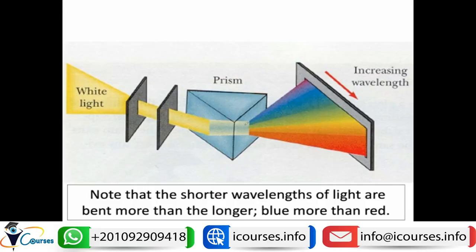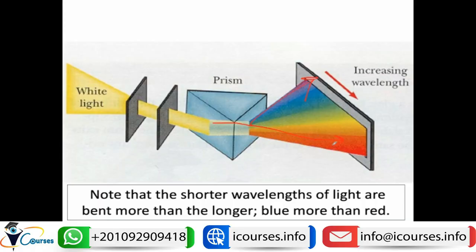Here we have the visible light spectrum, from red light having a larger wavelength to the blue, which has a smaller wavelength. The smaller wavelengths of light are bent more than the longer ones. So here we have the white light, and the blue light is bent more than the red light.